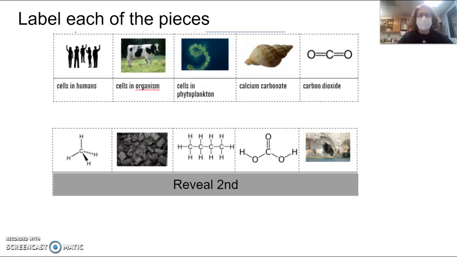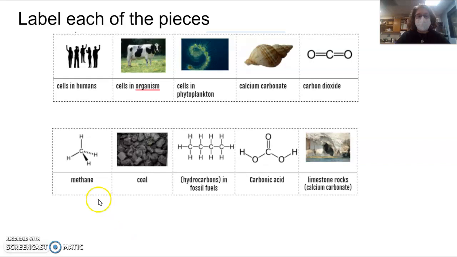So the representation here, each one: you have cells in humans, cells in organisms, cells in phytoplankton, which are a type of small floating organism in the ocean that can photosynthesize, calcium carbonate, which is the material that makes up shells, carbon dioxide, which you know is a gas in the atmosphere, methane, which is also a gas in the atmosphere that functions as a greenhouse gas, coal, which is a solid material, hydrocarbons, which are found in fossil fuels, carbonic acid, which is the form that carbon takes when carbon dioxide dissolves into water and reacts with it, limestone in rocks, in this case calcium carbonate, so it's the same material that makes up shells.